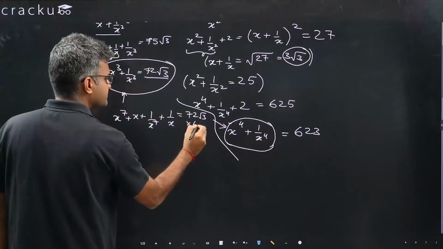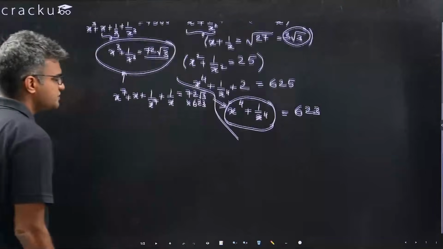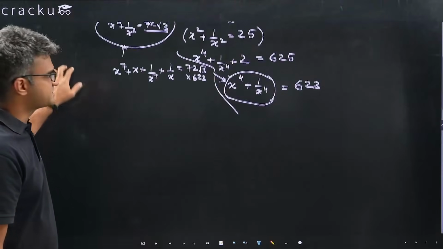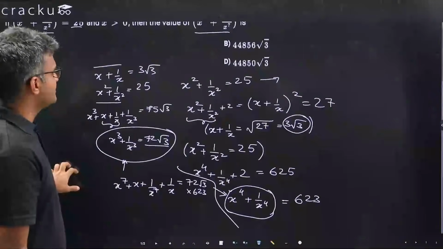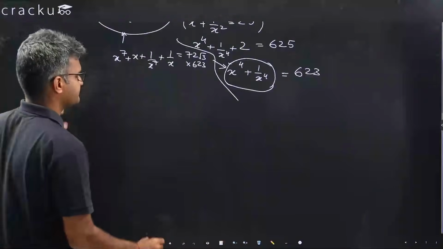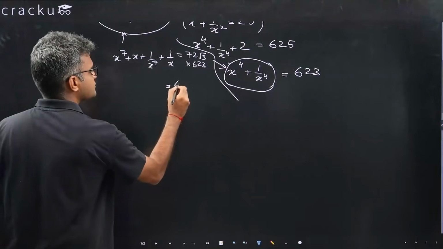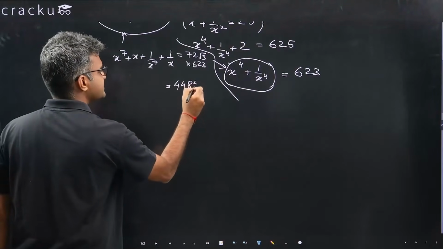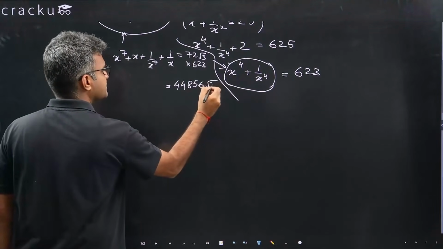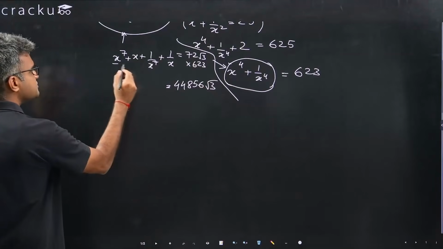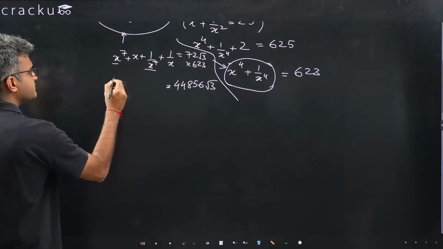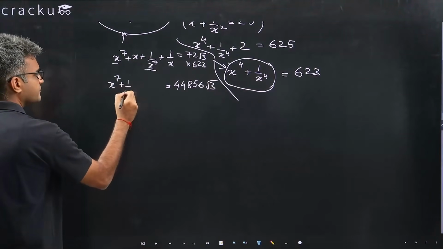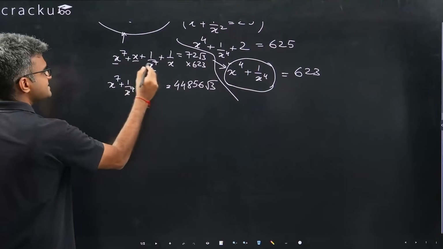into 623. You can use your calculator to calculate what is 72 into 623. That will be equal to 44856. So this is 44856 root 3. This is the value of x to the power 7 plus 1 by x to the power 7 plus x plus 1 by x.